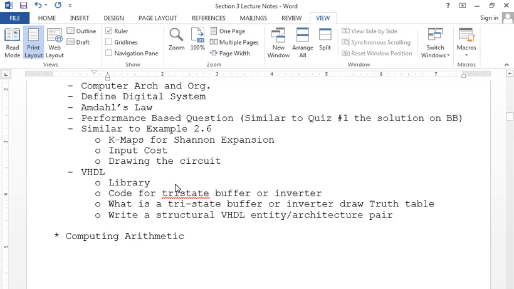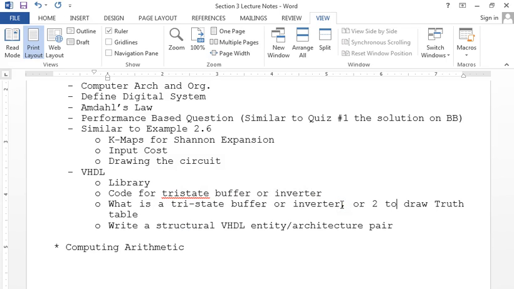It'll be limited to a tri-state buffer, tri-state inverter, or 2-to-1 mux. Are you going to give us the option to do one of those? No, you will be required to do the one I ask. Yeah, that's better. I have to keep the sanity of my grader in mind.